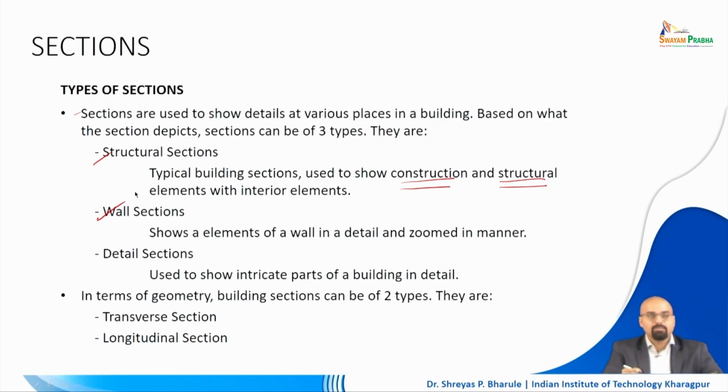Along with that, you have the wall sections, right. So, to show the elements of the wall, right. So, what kind of elements are there, and if there is a lot of detail, it is to be zoomed in a certain manner. So, you need to show a call out and a bubble, meaning that you will be showing a blown up area.